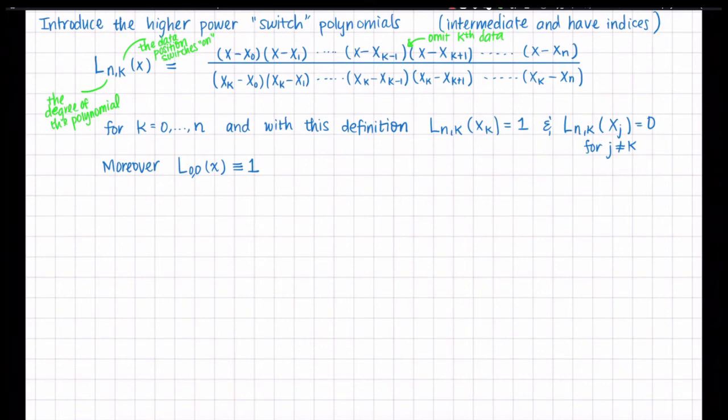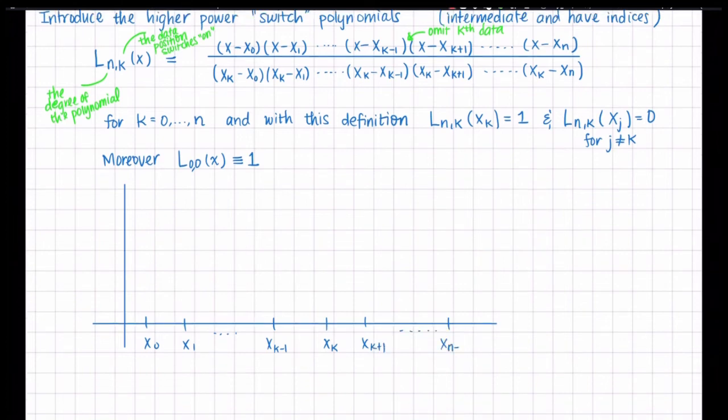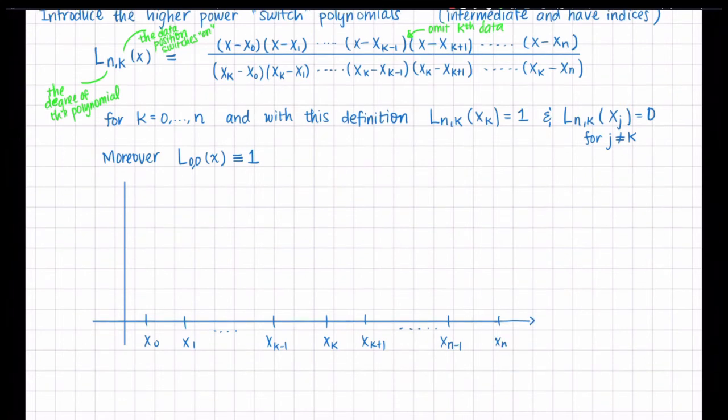Now a slight graphical illustration, I'm going to try to draw a generic one of these polynomials. You've got your data, x0, x1, all the way up to x sub k minus 1, xk, xk plus 1. They don't have to be evenly spaced out, but then x sub n minus 1, x sub n, and let's say that this is a height of 1. Only at xk is it actually achieving the height of 1.